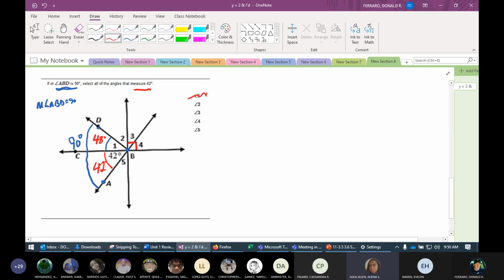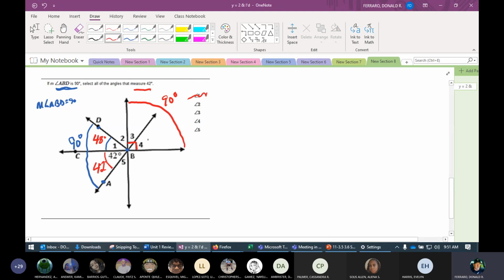It's a right angle. Aliana, great job. That's a right angle. So we now know that that includes angle 3 and angle 4. We now know that that angle right there is 90 degrees. It's a right angle. Okay. What do we know about opposite angles?